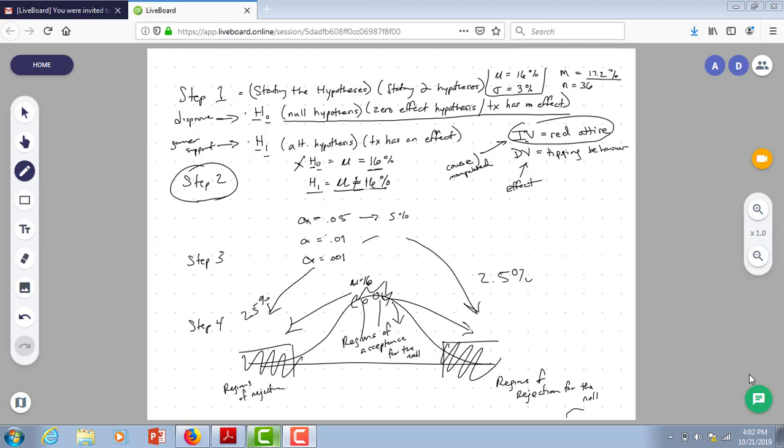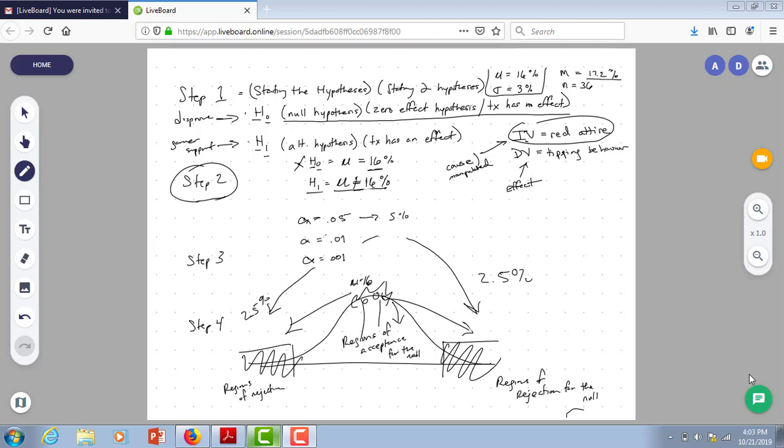And the extremely unlikely values, as defined by the alpha level, make up what is called the critical region. The critical region is composed of the extreme sample values that are very unlikely, as defined by the alpha level, to be obtained if the null hypothesis is true. The boundaries for the critical region are determined by the alpha level.